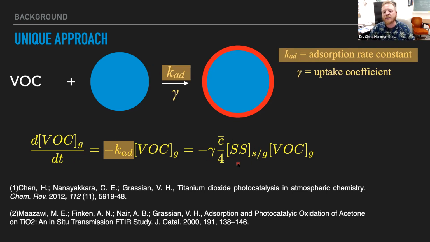That's the solid surface area at the solid-gas interface. And more on that later on in the talk, but this is a very difficult parameter to go after, okay? So we're choosing to go after the adsorption rate constant for our quantitative studies, okay?